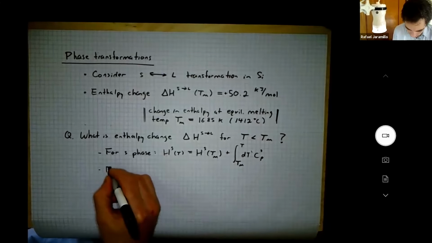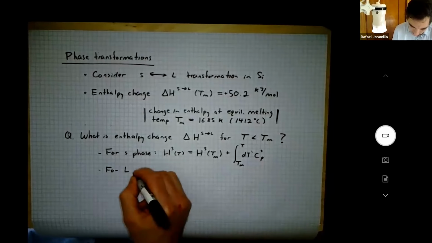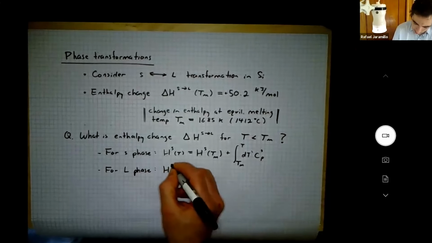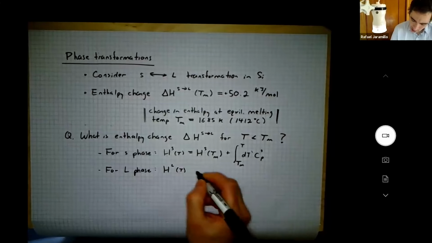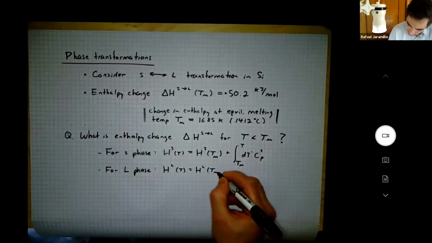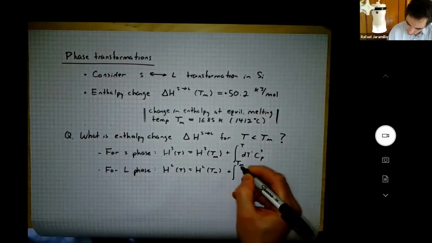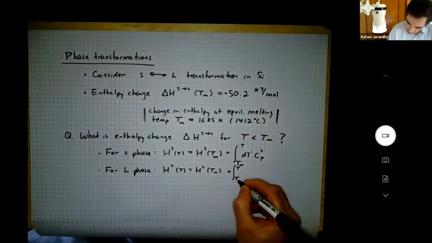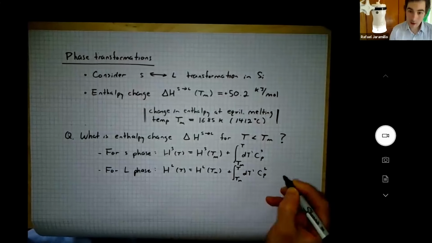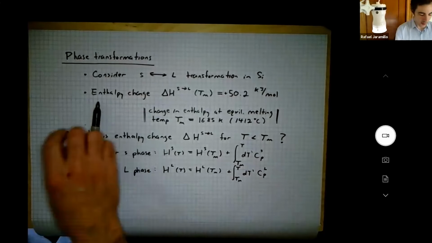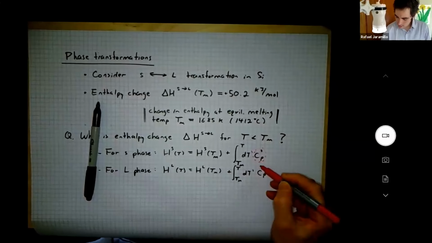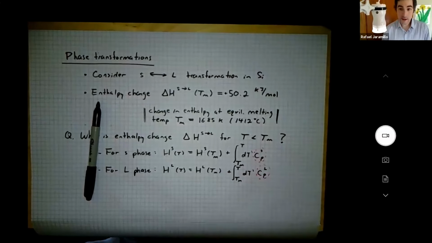And for the liquid phase, we have the same type of calculation. Enthalpy of the liquid as a function of temperature equals enthalpy of the liquid at the melting temperature plus, sorry, there I got a little squished, dT prime Cp of the liquid. So again, all the information we need is contained here in these heat capacity data.